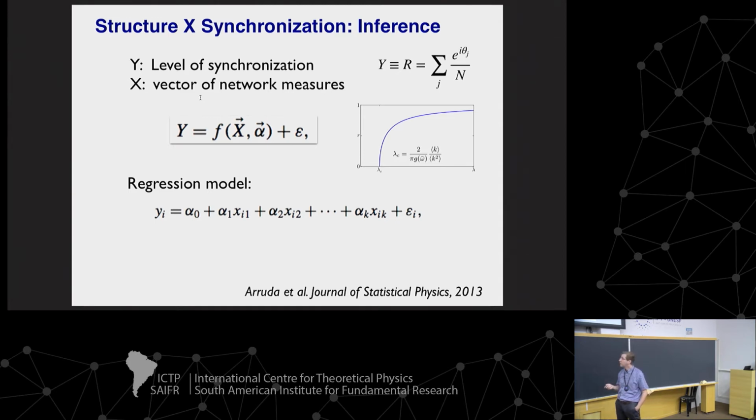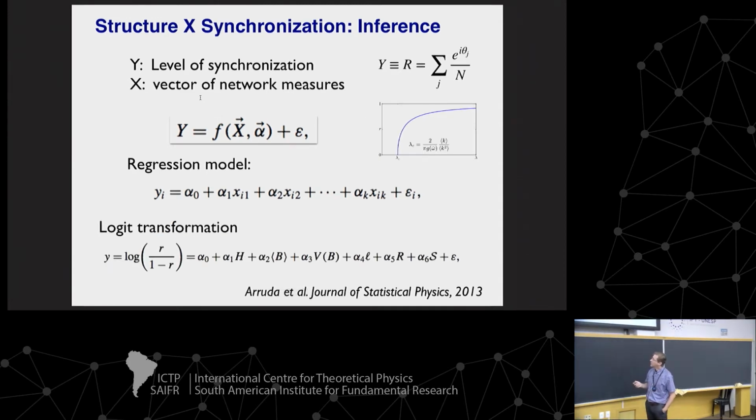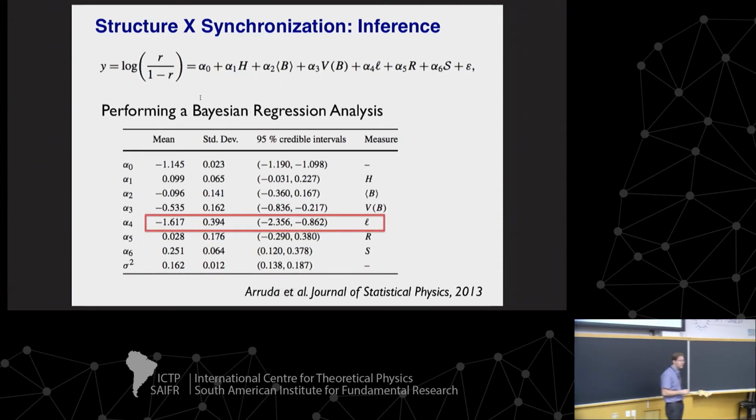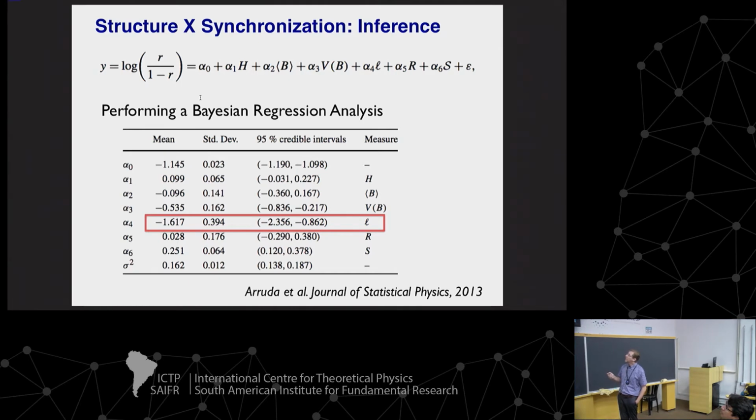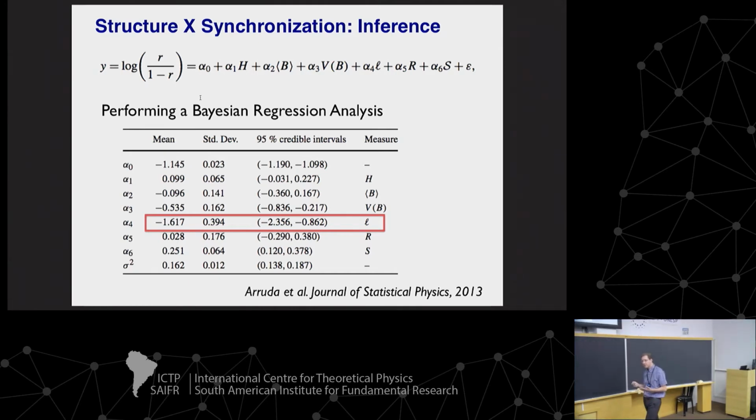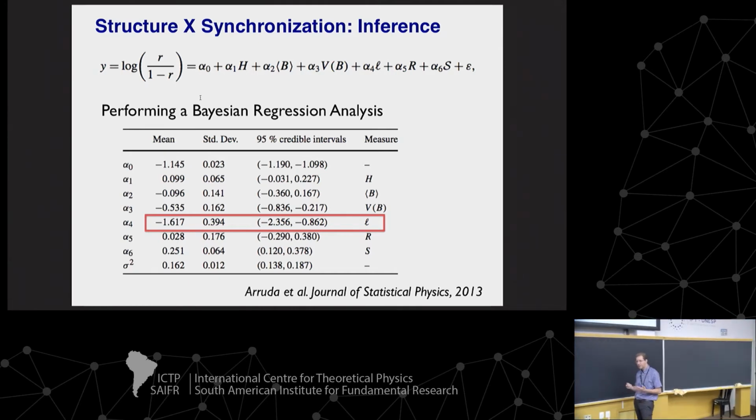Then we perform a logit transformation because the order parameter is limited between 0 and 1. And then we have this regression model, which depends on different network properties, like distance, assortativity, and average search information. We evaluated this model by using Bayesian regression, and then you can quantify which measures are significant for the dynamical process, for synchronization, and also the importance of each one.